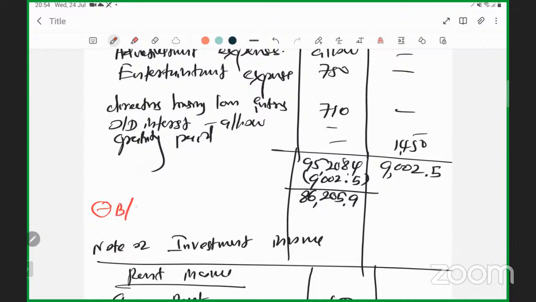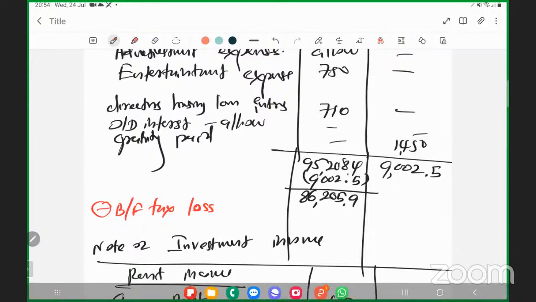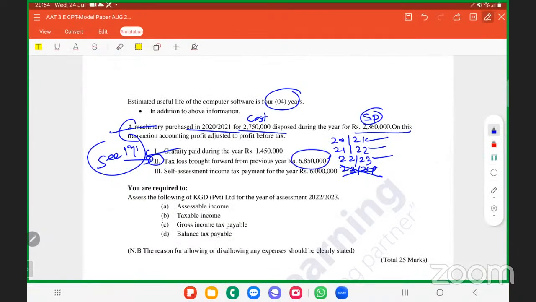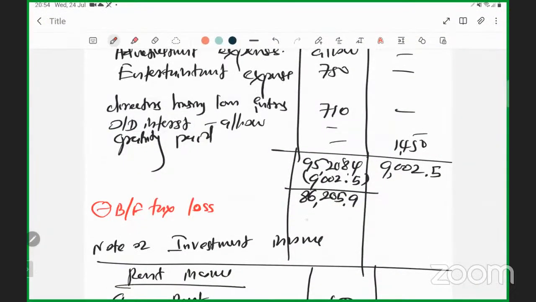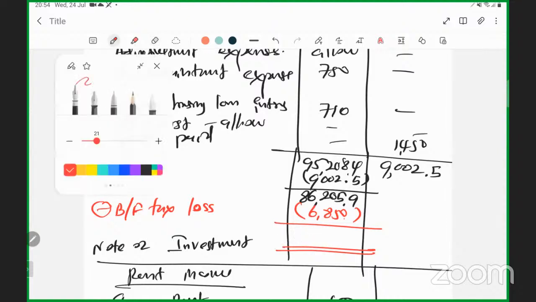The brought forward tax loss. To deduct the particular tax loss of the value 6.85 million, we have to check whether the property is available. Yes. Now you can see that the property is more than enough to deduct this 6.85 million, 6,850,000.